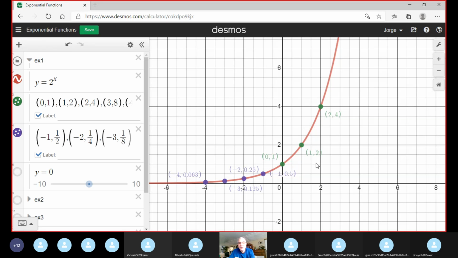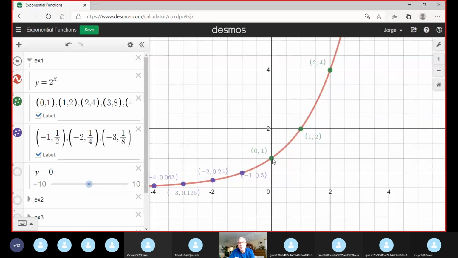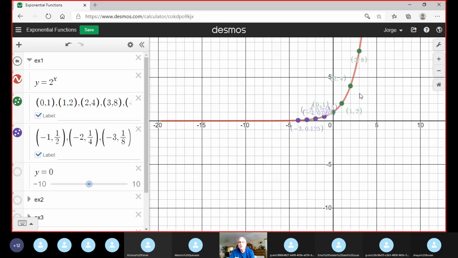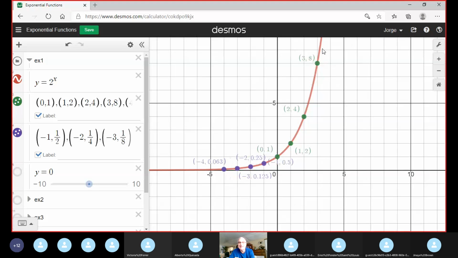Okay, exponential function. Look at that. Look, 0 is 0,1. 1 is 1,2. 2 is 2,4. And 3 is 3,8. You see how fast the exponential function increases.